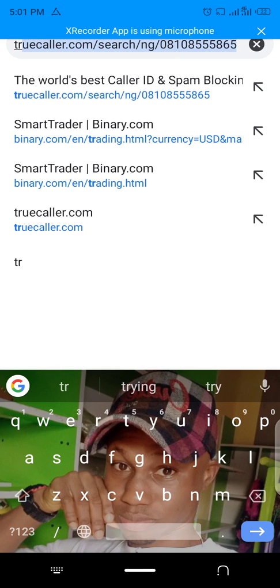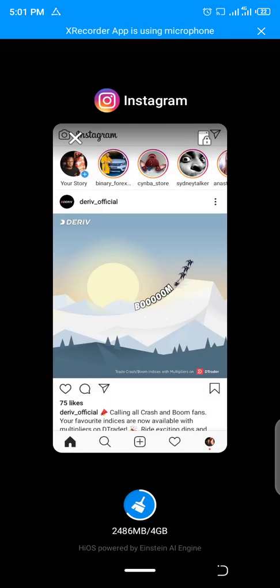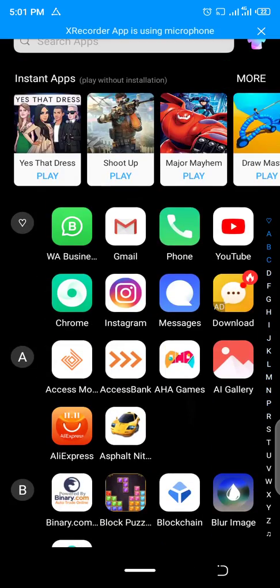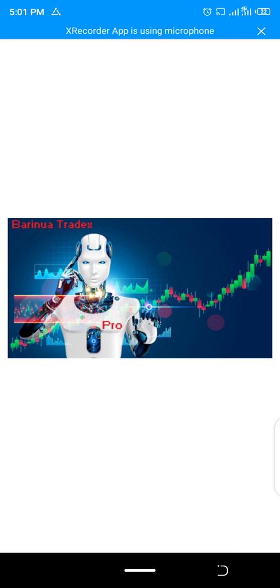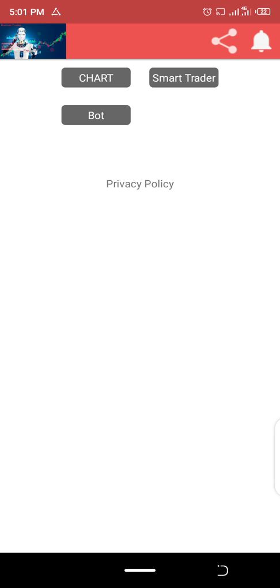Let's check the TradingView. I personally have a special app that I developed just to access the binary interface, but let's just check TradingView to see its availability there.